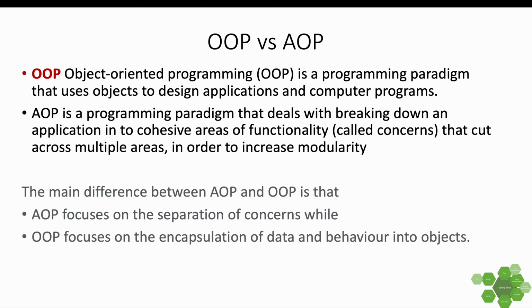But today, with advancement of these programming languages, there is a way for us to break down this functionality into cohesive areas. And this functionality is also known as concerns. And as I said, they cut across multiple areas. They are duplicated across multiple areas.